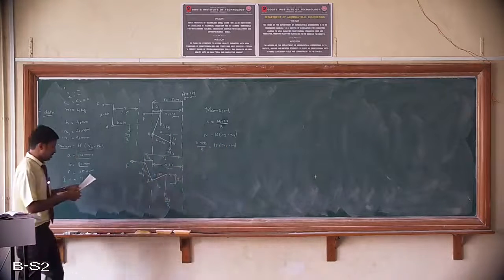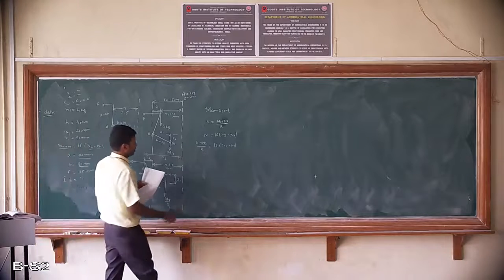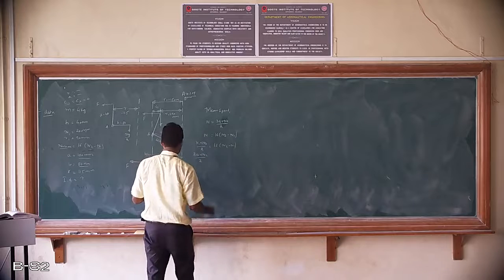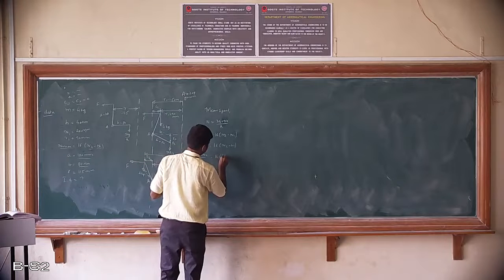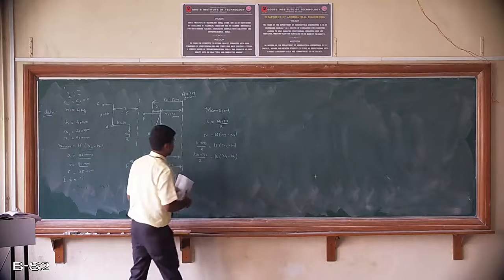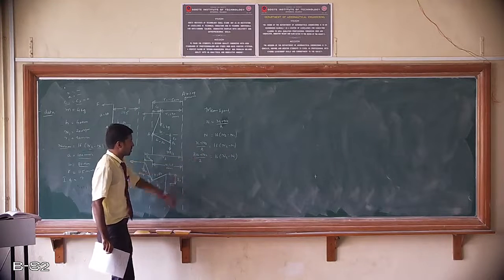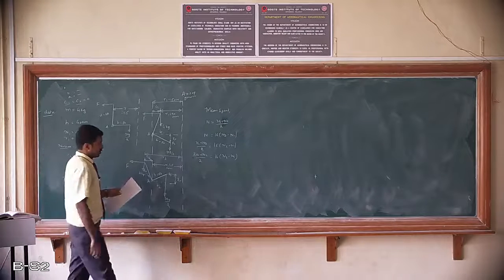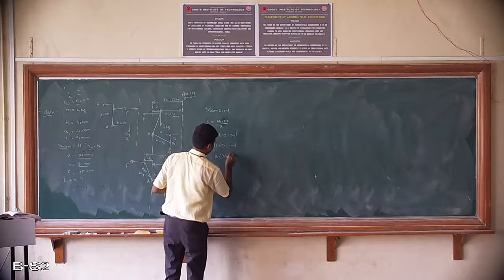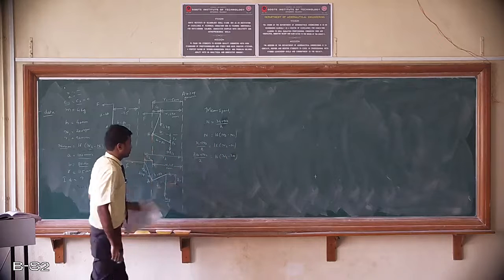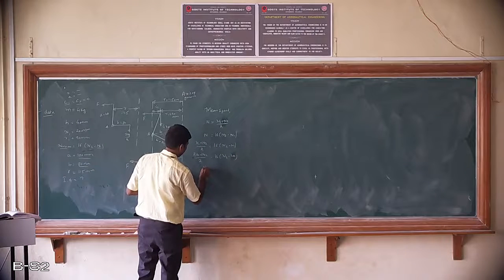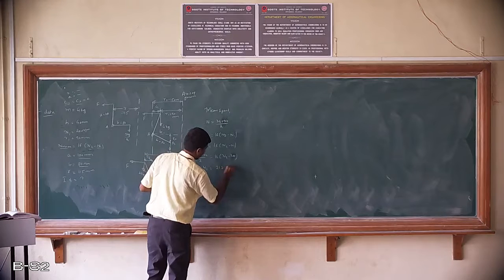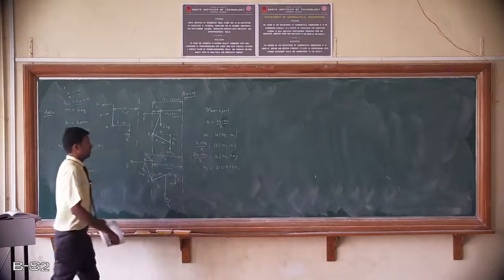Since N1 is given as 200 rpm, I substitute 200 plus N2 divided by 2 is equal to 16 into bracket N2 minus 200. From this you can find the value of N2, which is 212.9 rpm.